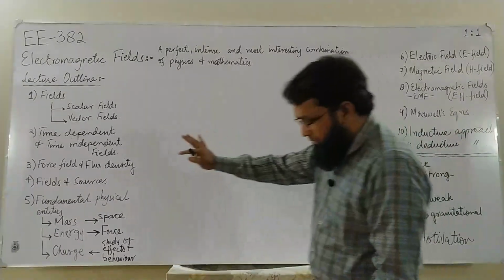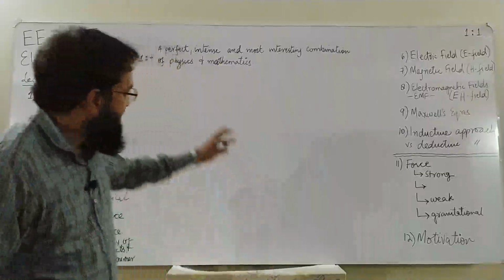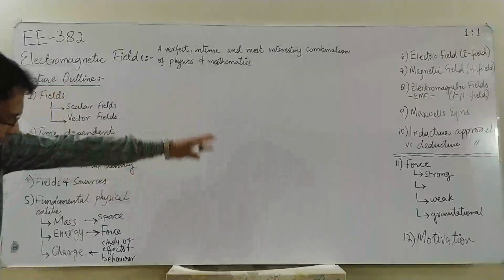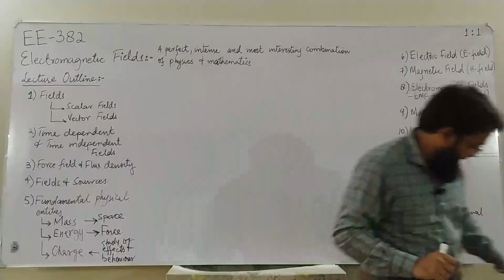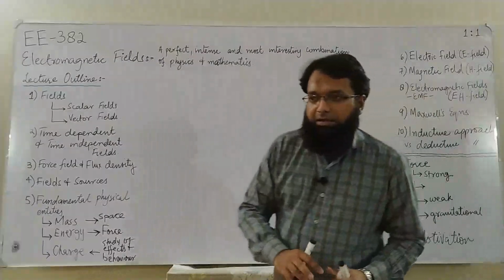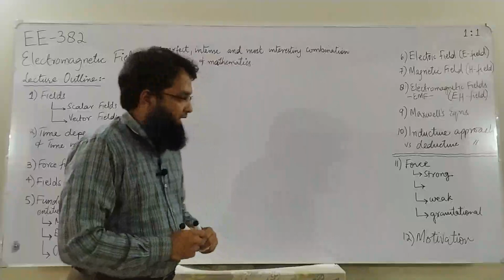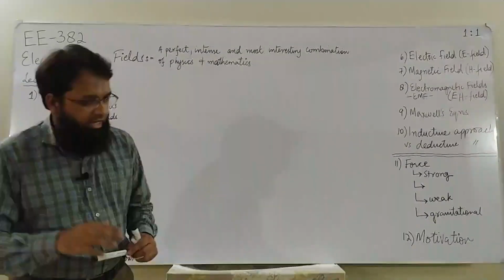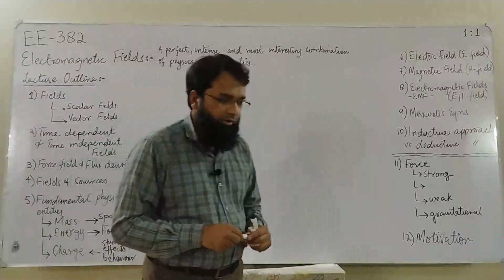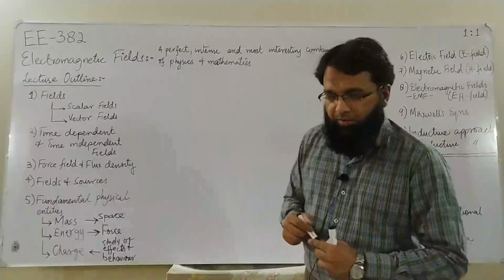But before delving into these 12 points, I would like to quickly go through the administrative issues of this course, which has also been shared with you on the Google Classroom platform.